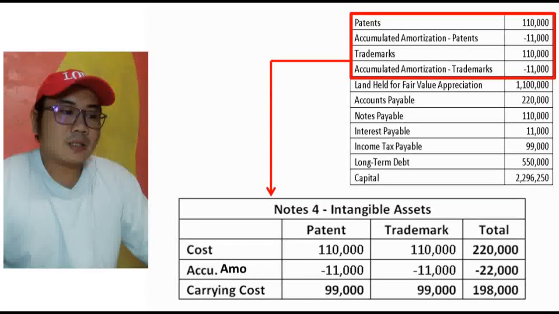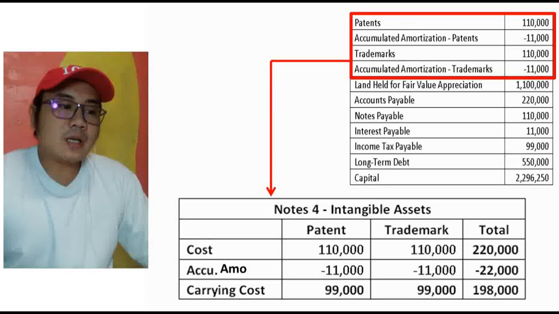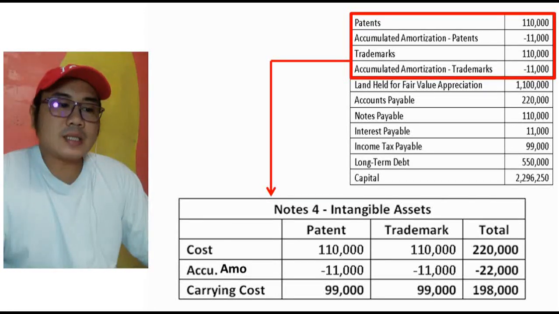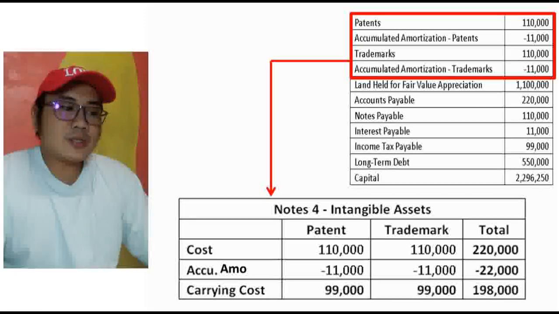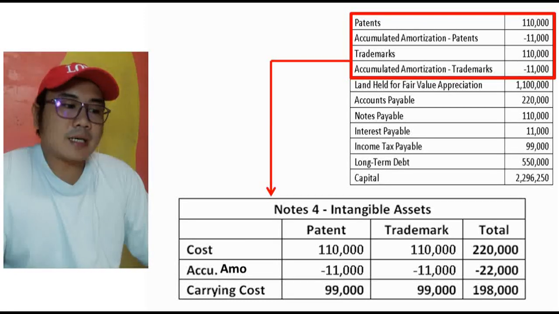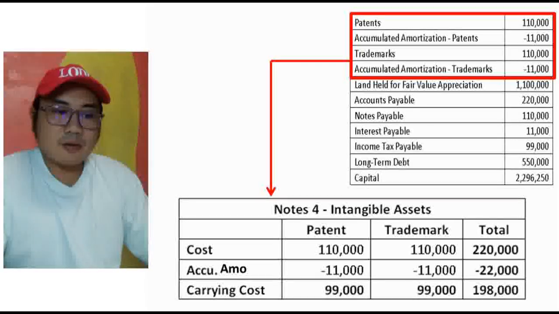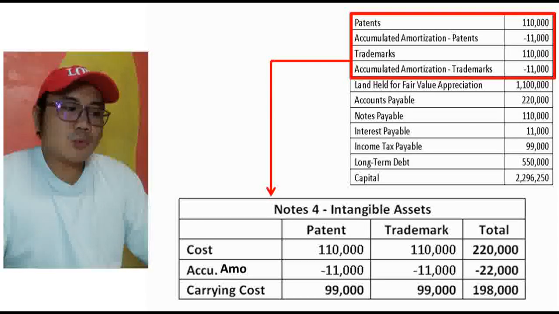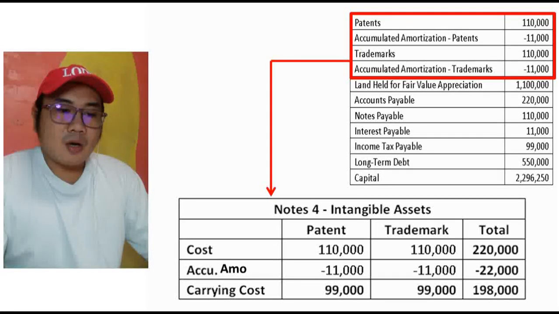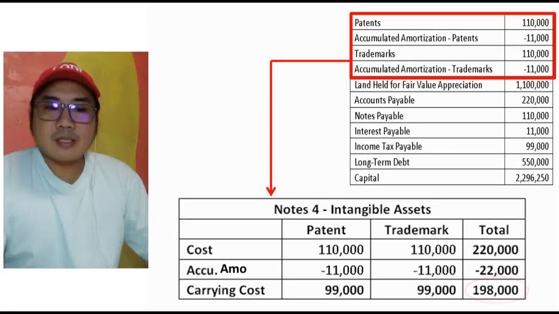Next, deduct the respective accumulated amortization of each intangible asset. For this account, both will amortize in an amount of 11,000. Finally, compute the carrying cost. Both accounts have a carrying cost of 99,000. Adding the two will result in a total balance of 198,000 pesos.